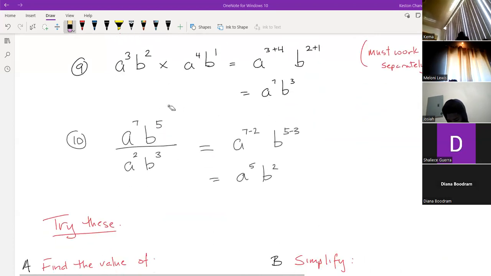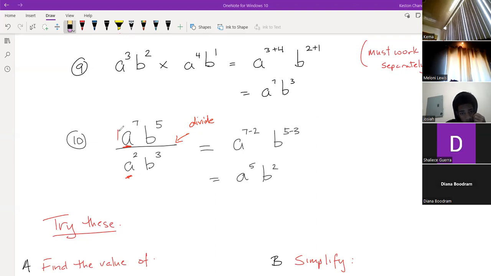Look at number 10. If I have something like this, a to the power of 7, b to the power of 5, this here you imply as a division sign, divided by a to the power of 2, b to the power of 3. This here means divide. And we said, once the bases are the same, we could subtract the powers.